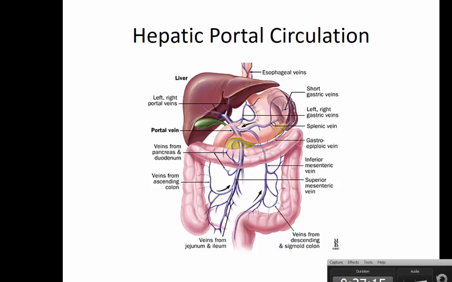I'll give you a page reference for the hepatic veins. This would actually be in the blood vessels chapter of the circulatory system.